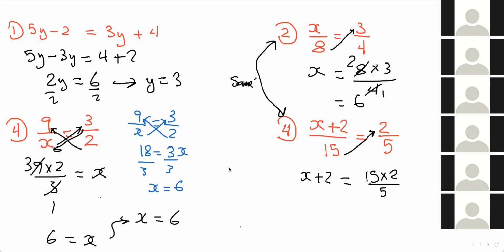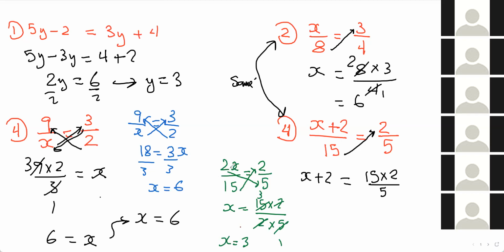If this was 2x instead, if it was 2x over 15 equals 2 over 5, then you're allowed to cross the 15 there and cross the 2 right there and leave the x by itself. Times 2 over 2 times 5 in the bottom. And then the 2's cancel and the 5 becomes 1 and the 15 becomes 3. So x would equal 3 here.